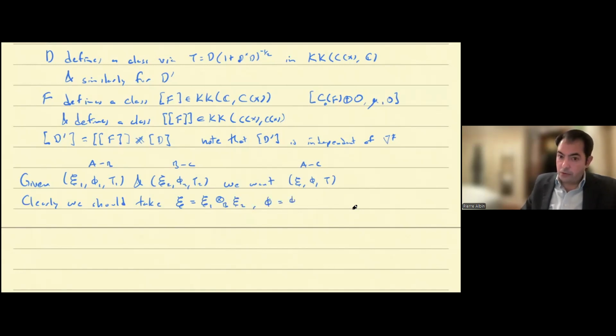And phi should be just phi1 tensor the identity.